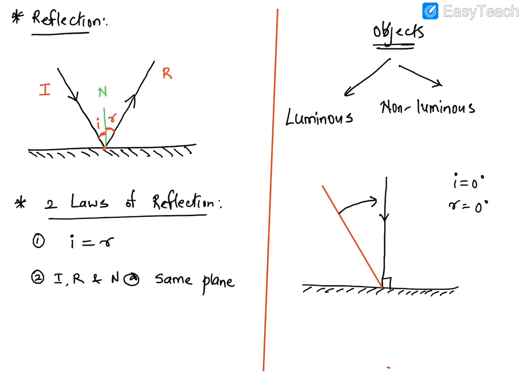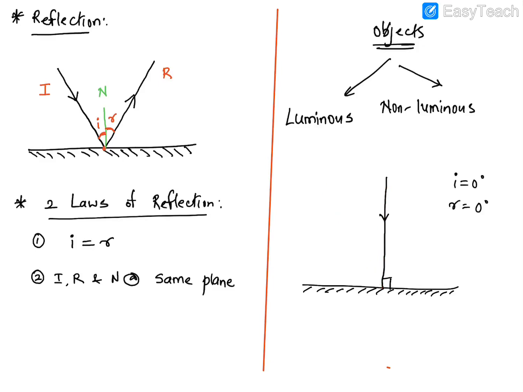It will keep on decreasing. When the incident ray coincides with the normal, what will be the angle formed between them? 0 degree. Why? Because now there is no angle formed between them.